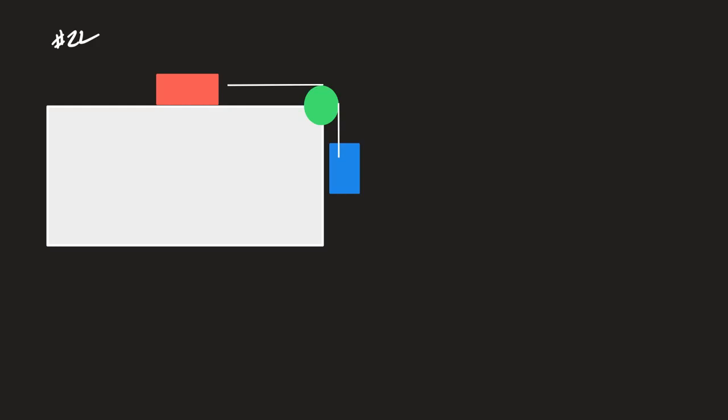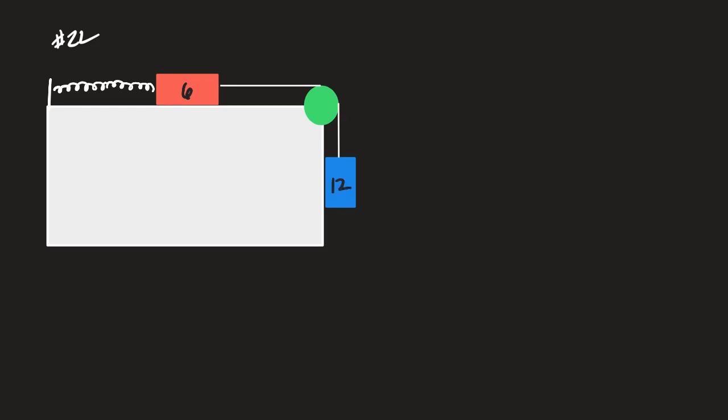Alrighty, here we go. So this is basically the situation at the start of the problem, except with one minor difference. There's a spring here. We're told that the one on the table is a mass of 6. The one hanging off the table is 12.